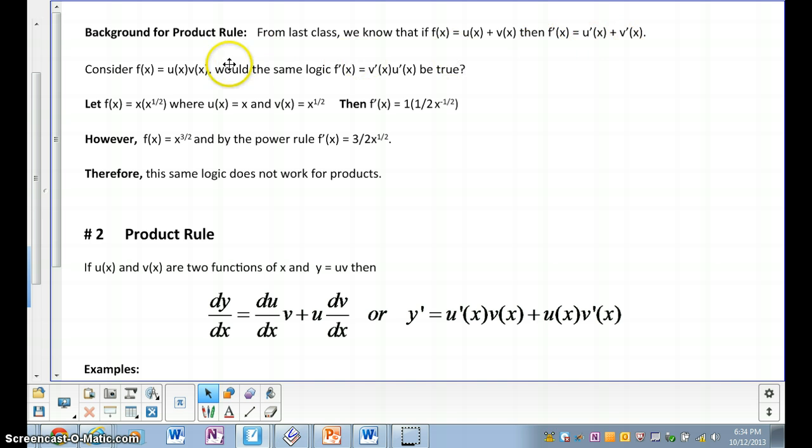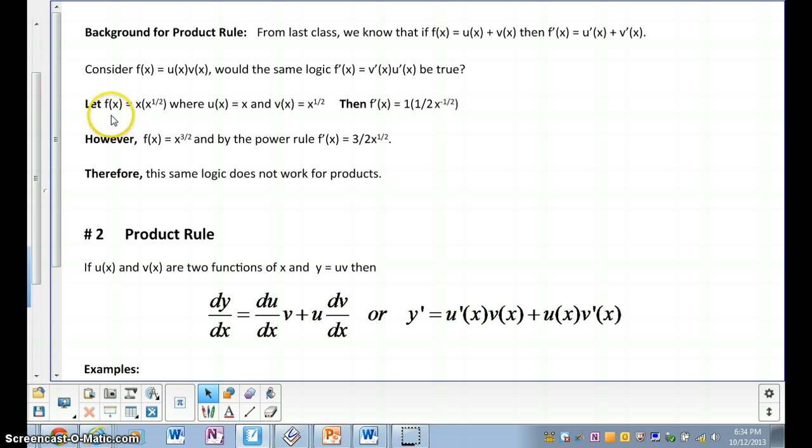So the question would be, if f of x was a product of two functions, u of x times v of x, would the same logic occur? Would the derivative of that f of x be equal to v prime of x times u prime of x? Well, let's use an example to see if this is the case.